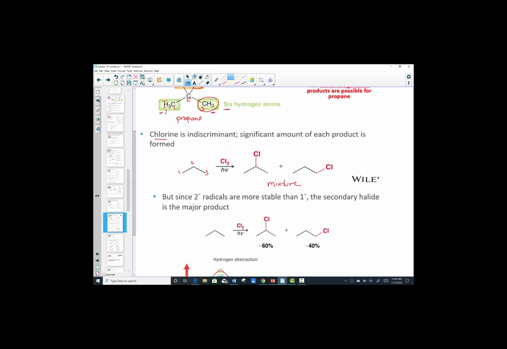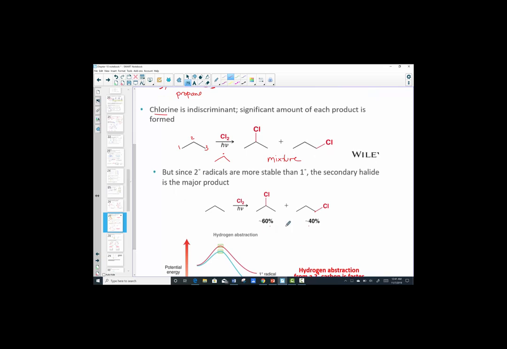When we see a secondary radical form, and that would be this initiation step would produce a secondary radical, that is a more stable configuration than a primary, which would occur here. So you see about a 60-40 mix. And keep in mind, in terms of stability, everything happens so rapidly, you really could say it's half and half.